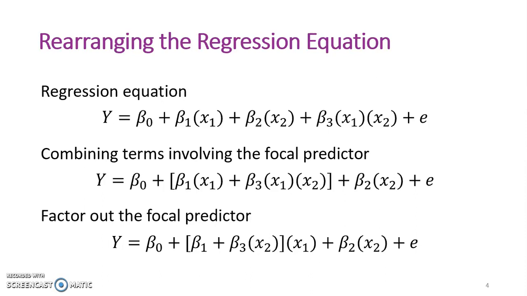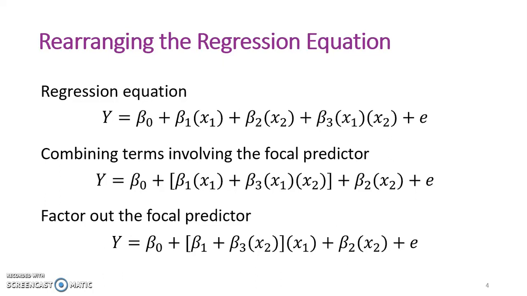If we pull the beta 3 term and group it together with the beta 1 term, then in the brackets in the second equation, you'll see that we've got all of the terms involving x1 inside brackets. And then we can factor out that focal predictor from the terms within the brackets.